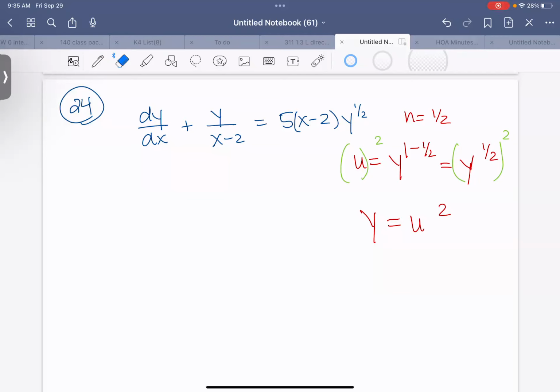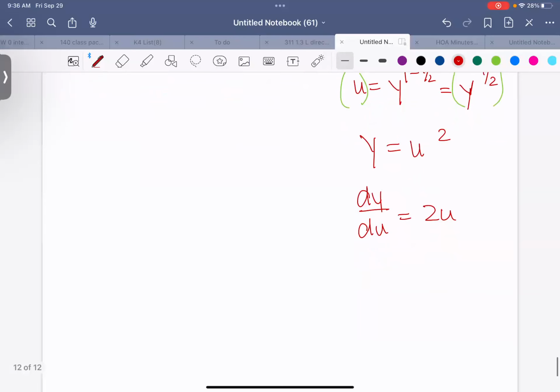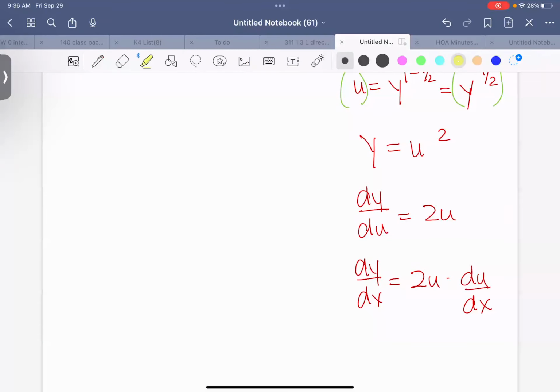So if u is the square root of y, then y is u squared. Then dy du is 2u. And that makes your dy dx 2u times du dx. And so here are your two pieces that we're plugging in.